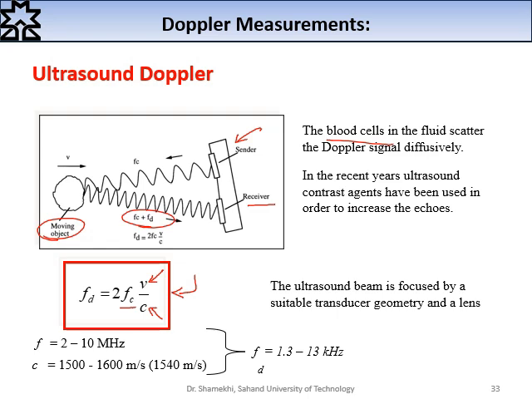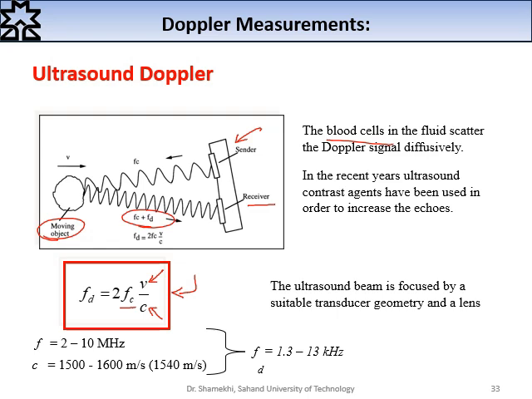In recent years, ultrasound contrast agents have been used in order to increase the echoes. And also, the ultrasound beam is focused by a suitable transducer geometry and lenses to focus correctly on the moving objects. On the other side, we have some problems with this focusing issue.